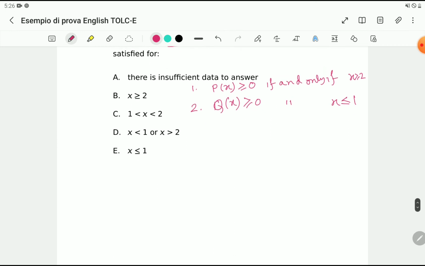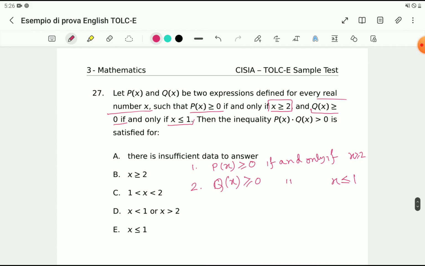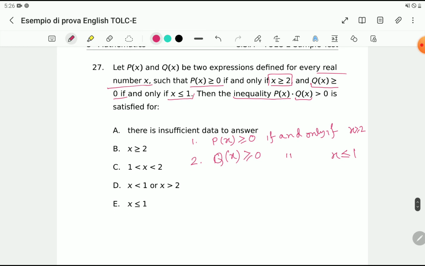now what it says in the last sentence, then the inequality P of x multiplied by Q of x greater than or equal to 0 is satisfied for what? We have to find out this. Okay, P of x multiplied by Q of x, no, not greater than or equal to, greater than 0.